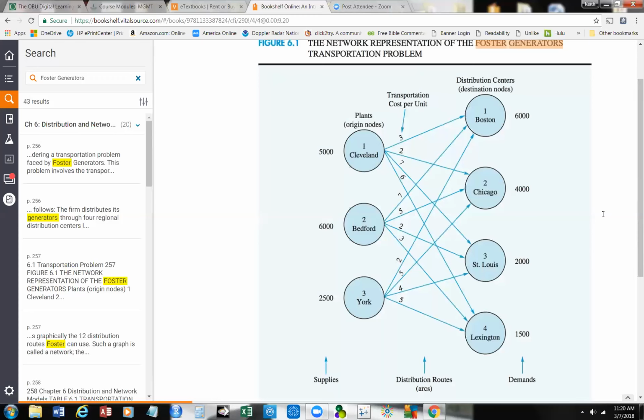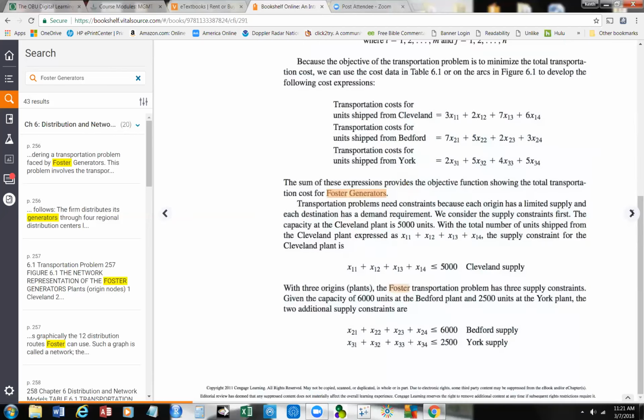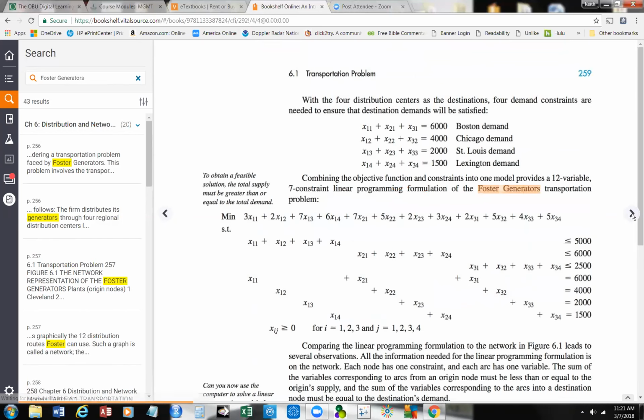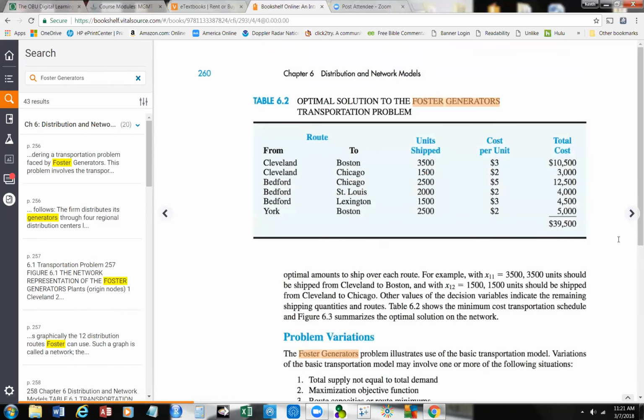It's the same thing in delivery, and human beings will probably be the ones who handle that last mile to deal with some of the variabilities that get incurred with that. Well, all that being said, we'll head on, and here we have the supply and the build of the various constraints, and then we see the optimal solution for Foster, and the file is over there.